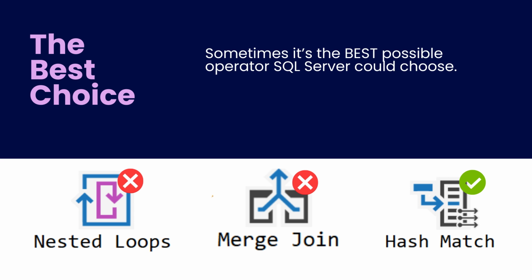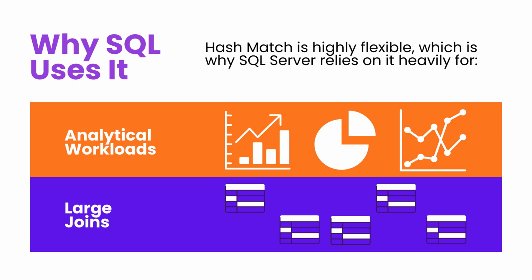Nested loops can collapse under huge repeated lookups. Merge join depends on sorted inputs, but hash match is flexible. And that's exactly why SQL Server uses it so often in analytical workloads and large joins.